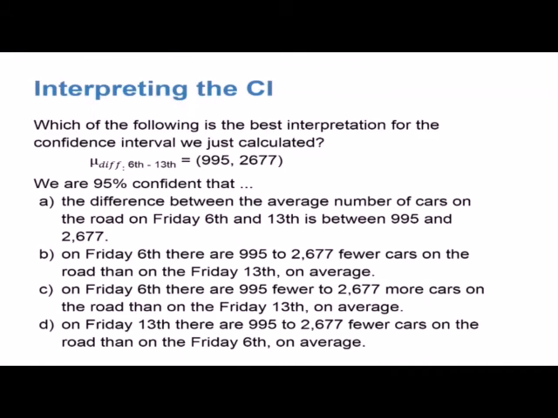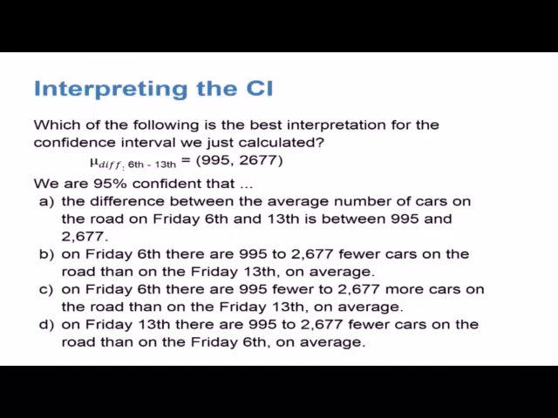So what is the best way to interpret the confidence interval? Well, if you remember, we take the differences as the 6th Friday minus the 13th. And that's where we got our confidence interval of 995 to 2,677. So we are 95% confident that on Friday the 13th there are 995 to 2,677 fewer cars on the road than on the Friday the 6th, on average.